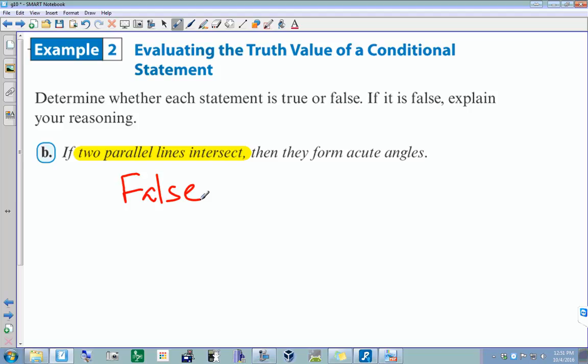Because that is false, I can't conclude anything. Because how could they intersect and form acute angles when parallel lines don't intersect? Doesn't make any sense, does it? Well, yeah, but then those lines wouldn't be parallel to each other.